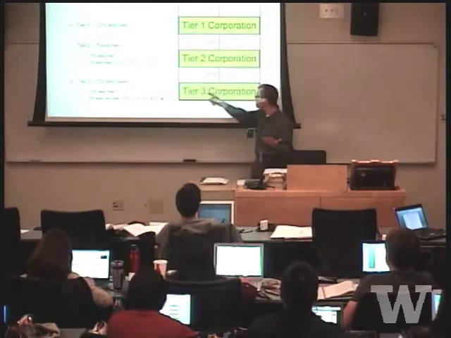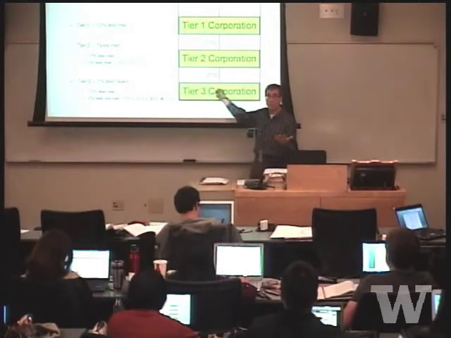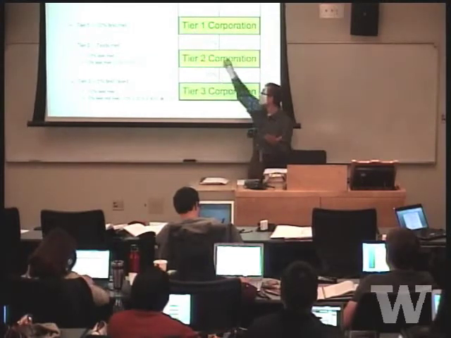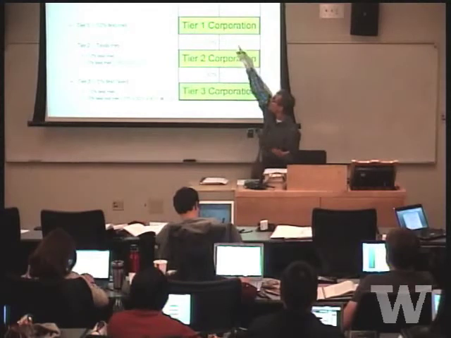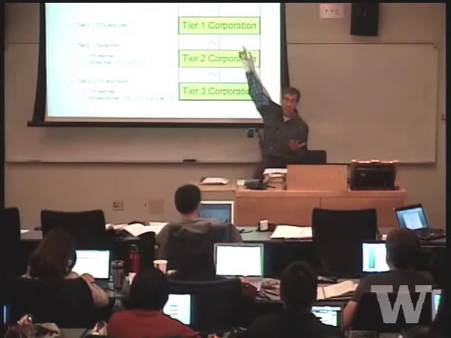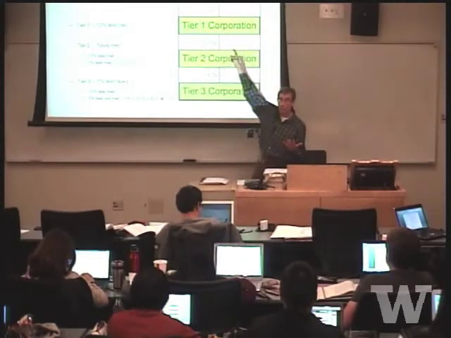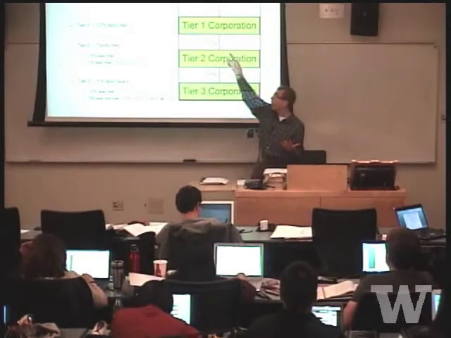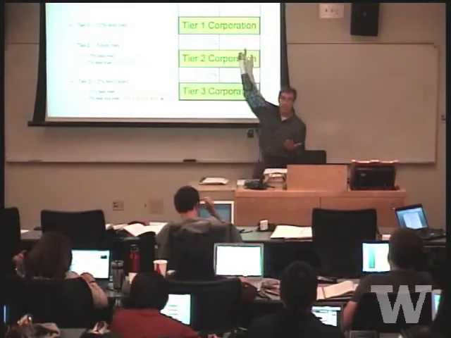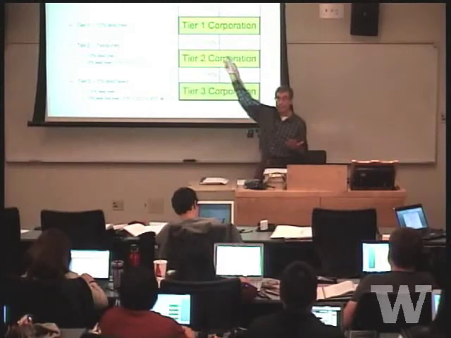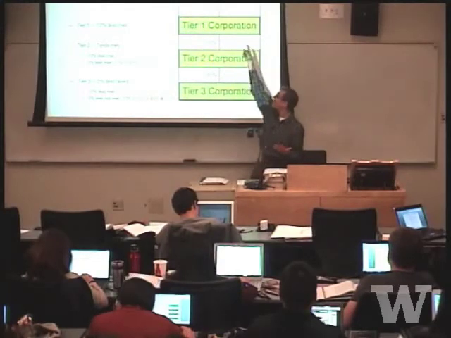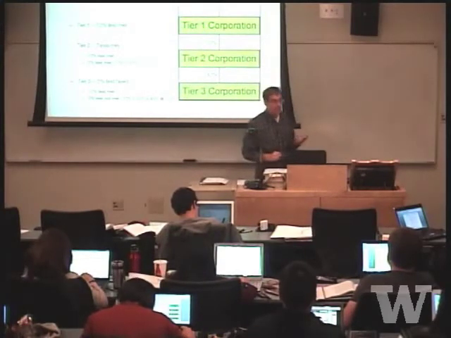And the question is, will income taxes that each tier pays, ultimately when that dividend gets to the domestic shareholder, will those taxes be allowed as credits, deemed paid tax credits, at the domestic shareholder level?